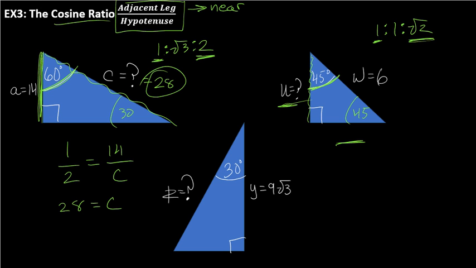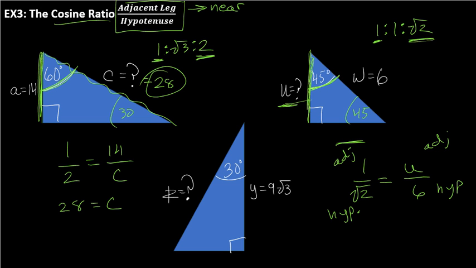Anyway, so we've got 1 is to square root of 2 as U is to 6. So again, that's adjacent is to hypotenuse as adjacent is to hypotenuse. Cross multiply, 6 equals square root of 2 times U.